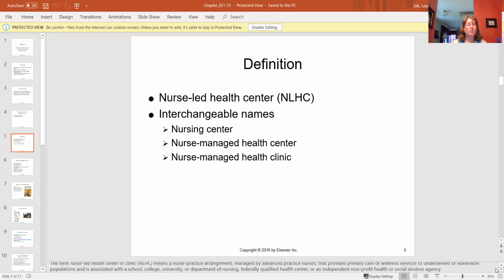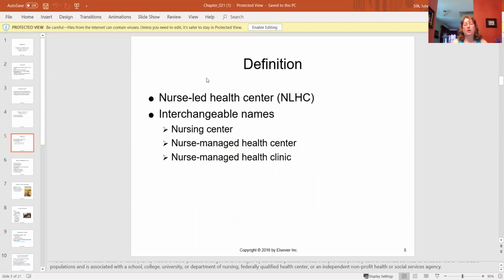The term nurse-led health center or clinic means a nurse practice arrangement managed by advanced practice nurses that provides primary care or wellness services to underserved or vulnerable populations and is associated with a school, college, university, or Department of Nursing, federally qualified health center, or an independent nonprofit health or social service agency.